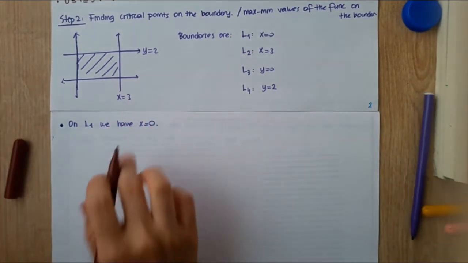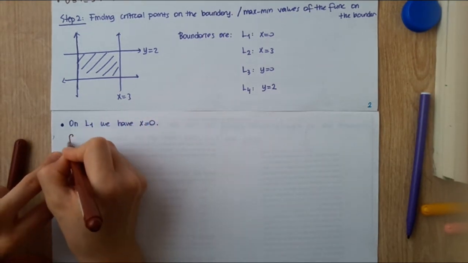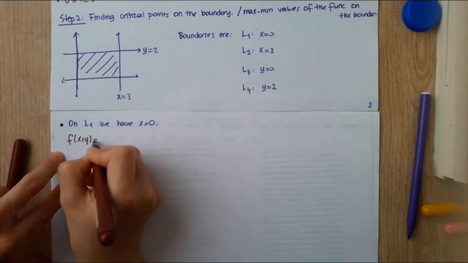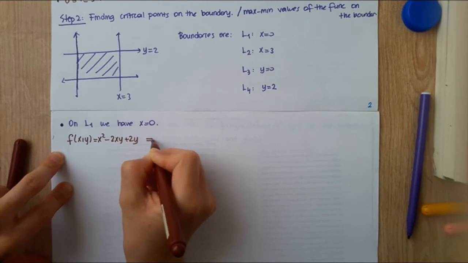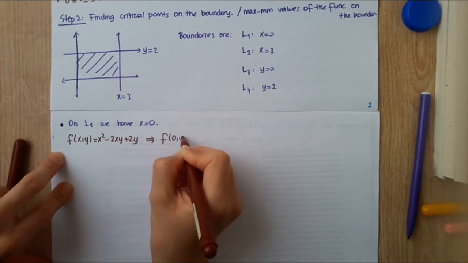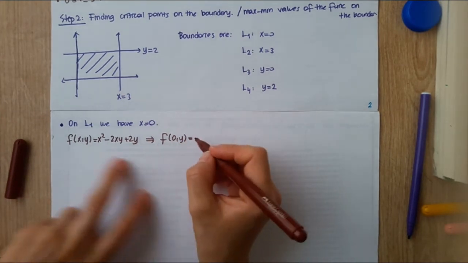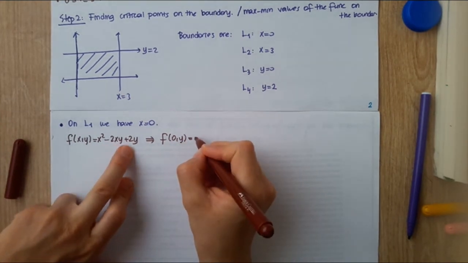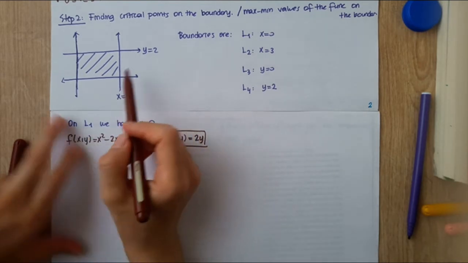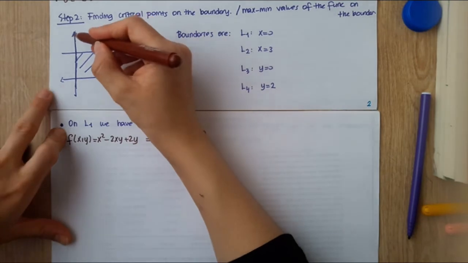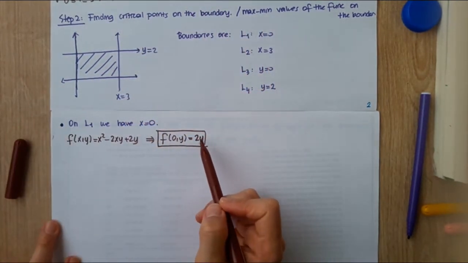If x is 0, the function f of xy equals x squared minus 2xy plus 2y turns to, because x is 0 here, a function that depends just on y: 0 minus 0 plus 2y, so I have 2y. It says that on this line, my function can be calculated using only 2y.